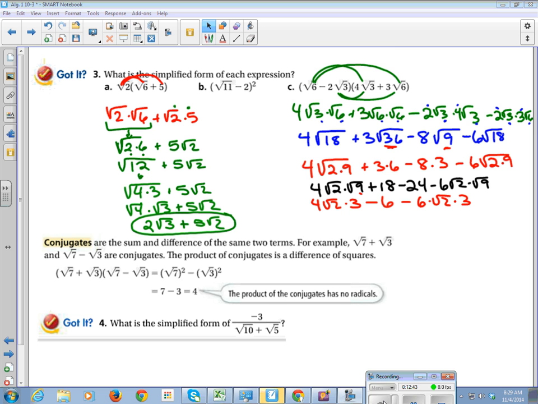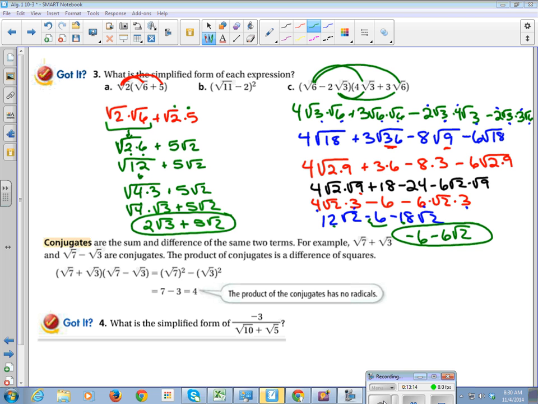Almost done. 4 times 3 is 12. 6 times 3 is 18. And then I've got 12 root 2's minus 18 root 2's, which gives us negative 6 root 2. So let me write that as negative 6 minus 6 root 2. And I got the negative 6. And then, see you. That was almost a heart attack.